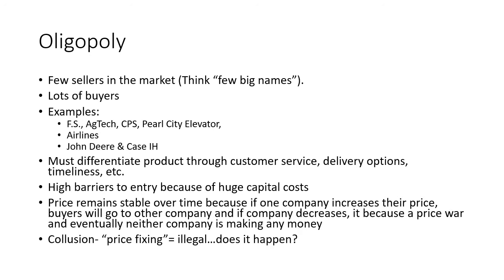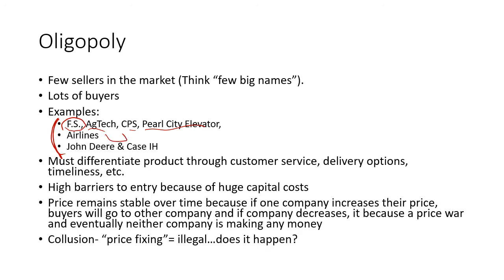A couple examples we have here are ag chemical companies. In our area, there's a few big names. There's Stevenson Service Company, which is FS, AgTech, CPS, Pearl City Elevator. There's a few places that buyers can purchase those supplies, the fertilizer, etc.